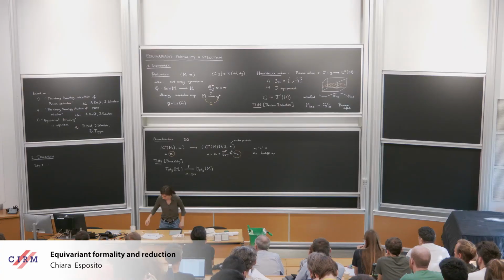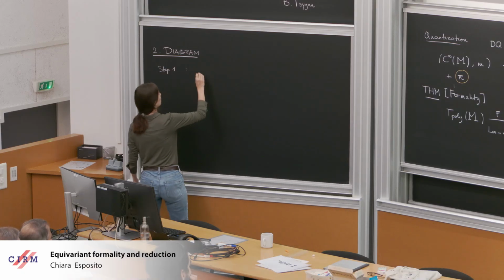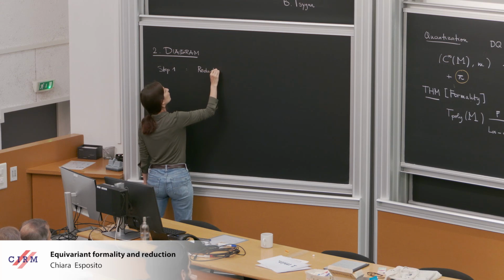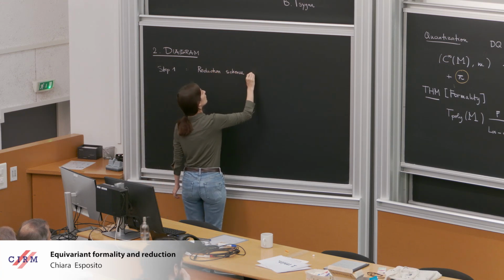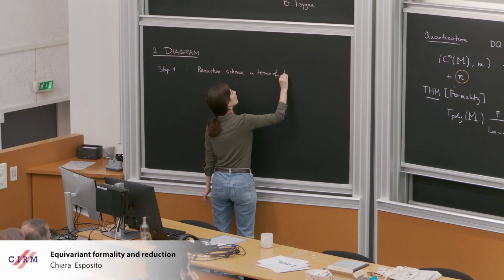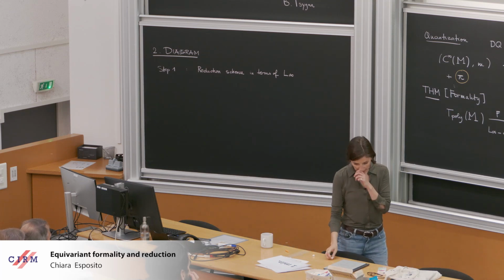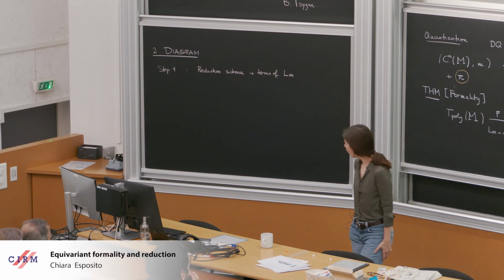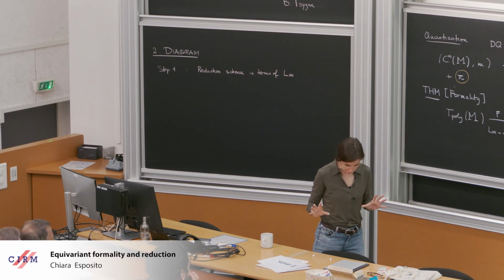Okay? So I really try to rephrase reduction, or make a reduction scheme, in terms of an L-infinity morphism. And of course, it has to be compatible with Poisson reduction. So the idea we had is the following, very rough.